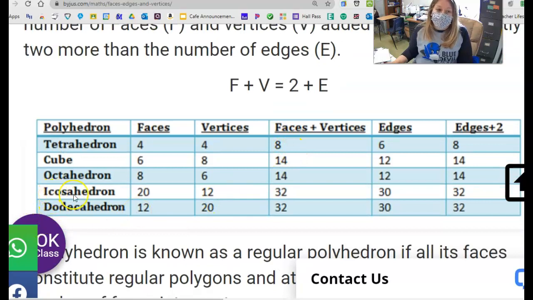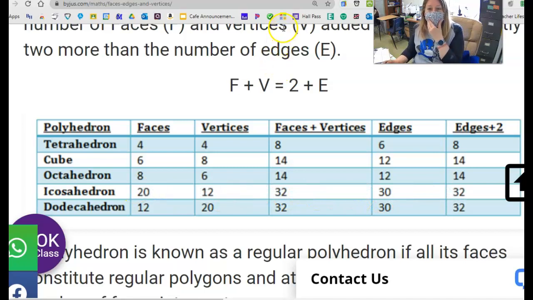Oh, they gave us icosahedron. 20 faces. That we got. 12 vertices. 30 edges. So we would need 2 of the pieces of information to fill this in. So I guess Euler's formula is not super helpful. But we're going to cheat and take this information.